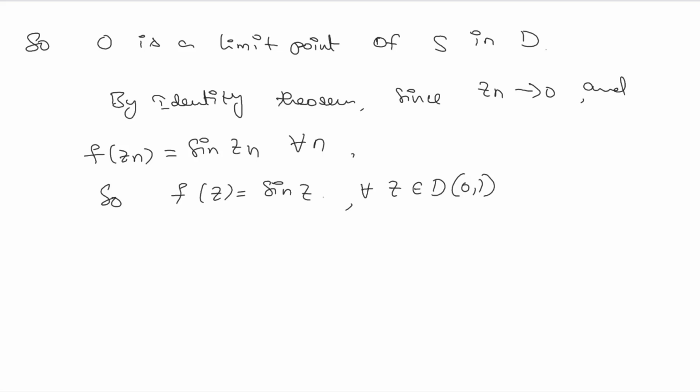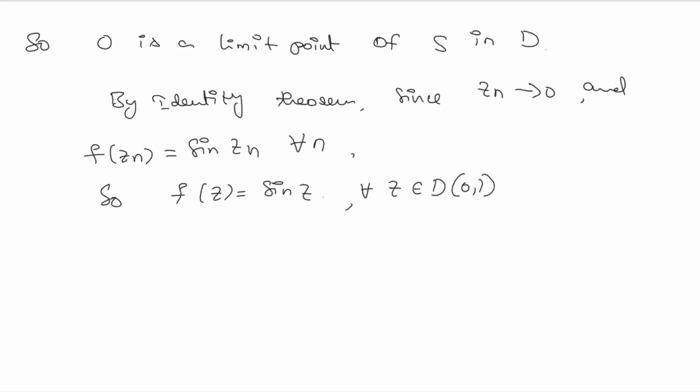It is given that f(Zn) = sin Zn on the set S, and S is nothing but the set of the points of the sequence Zn, which has a limit point 0 in D. So the function f becomes identically equal to sin z on the whole disk D(0,1).